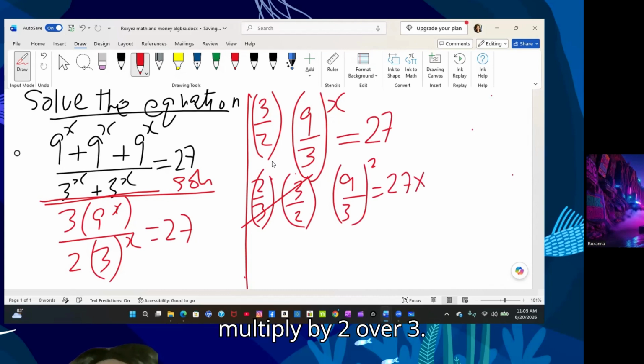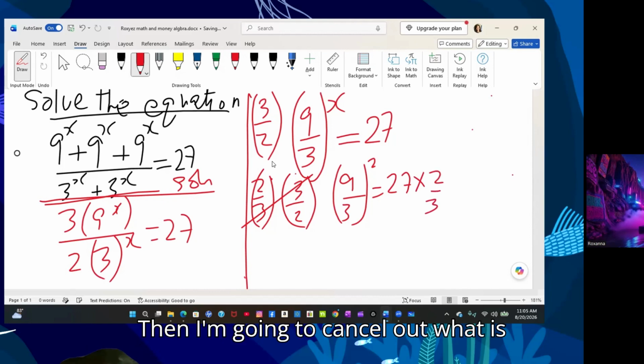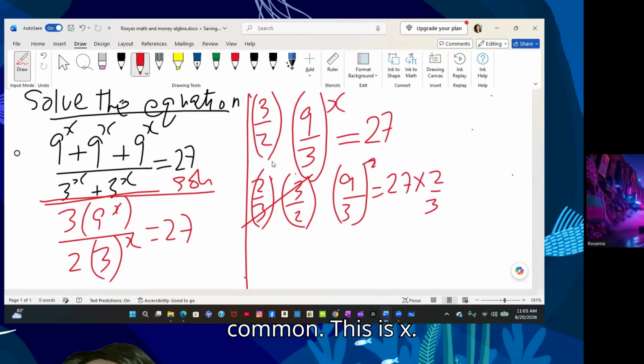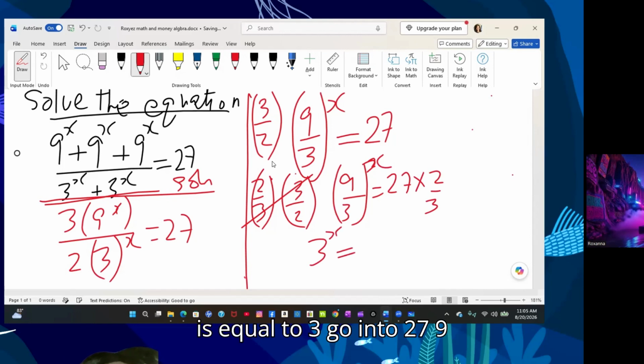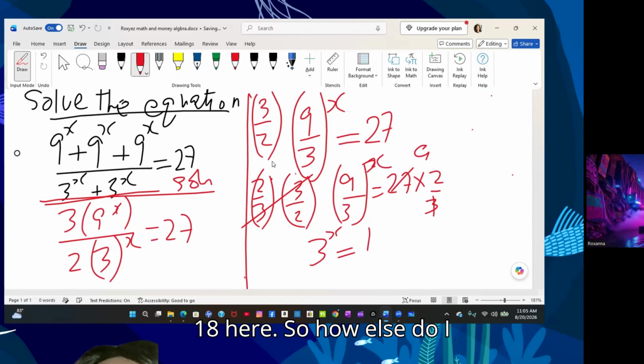Then I multiply by 2 over 3. Then I'm going to cancel out what is common. This is 3 to power x, so I have 3 to power x is equal to 3 go into 27 9 times. 9 times 2 is 18. So I have 18 here.